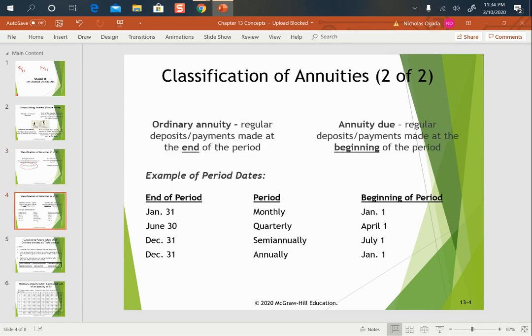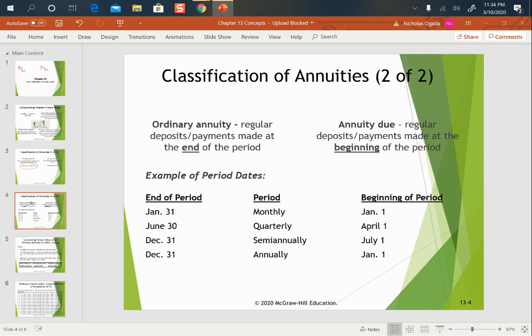The focus of the chapter is on the second part of annuities, and that is an ordinary annuity and annuity due. And the difference between an ordinary annuity and annuity due is, of course, the timing of the payments.